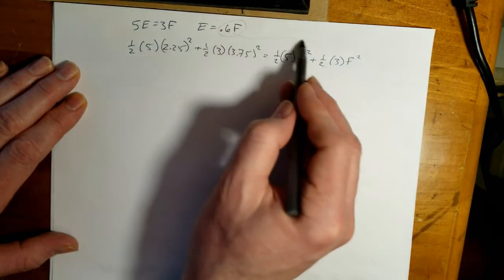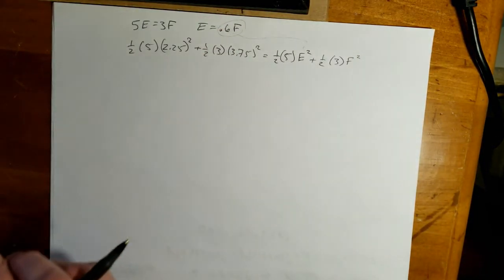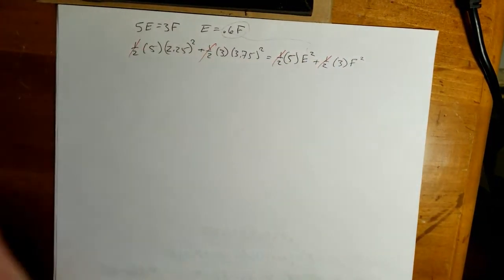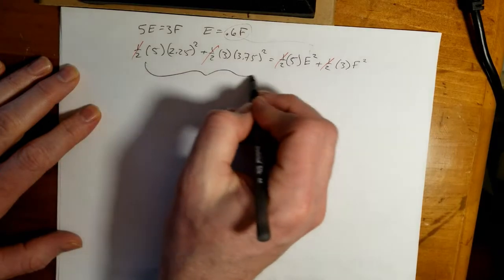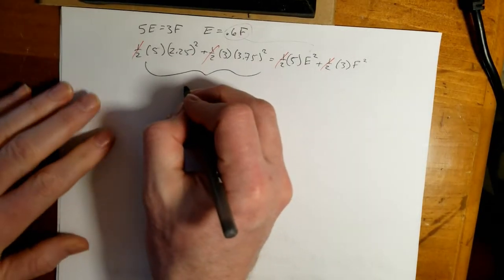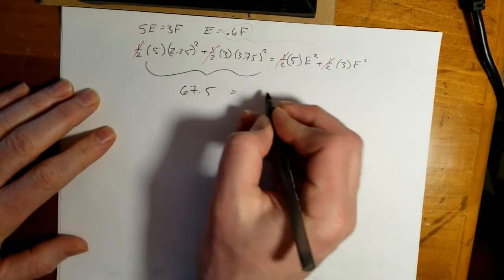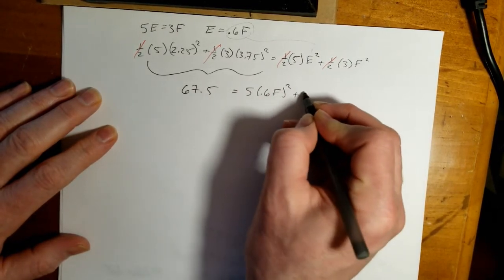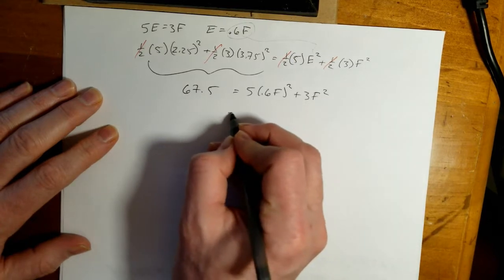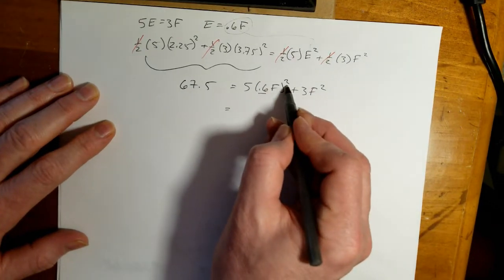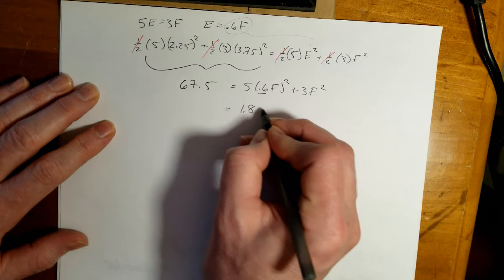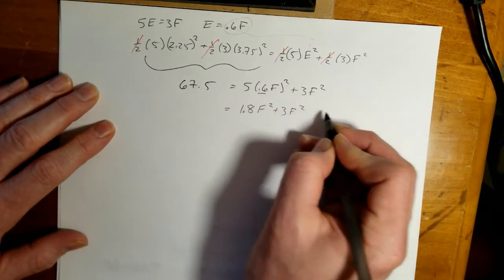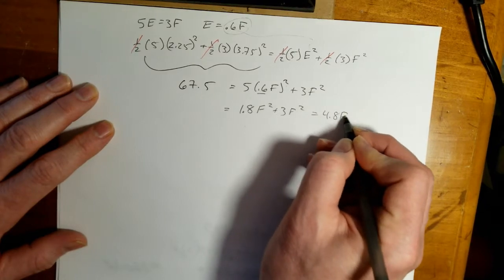I can plug this in for E. Let's simplify it a little bit: multiply the whole thing by 2 to get rid of the 1/2. So this ends up being 67.5 is equal to 5 times 0.6F squared plus 3 times F squared, which is 0.6 squared times 5, which is 1.8. So 1.8F squared plus 3F squared, which is 4.8F squared.